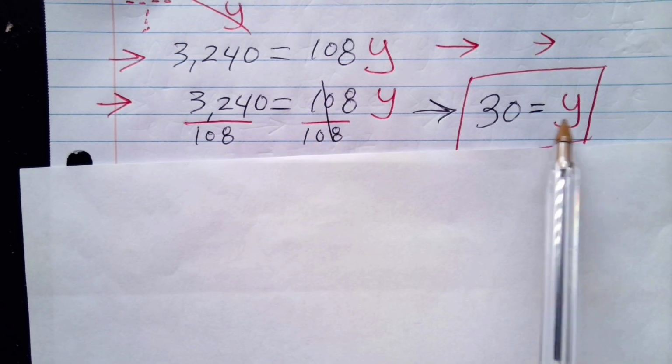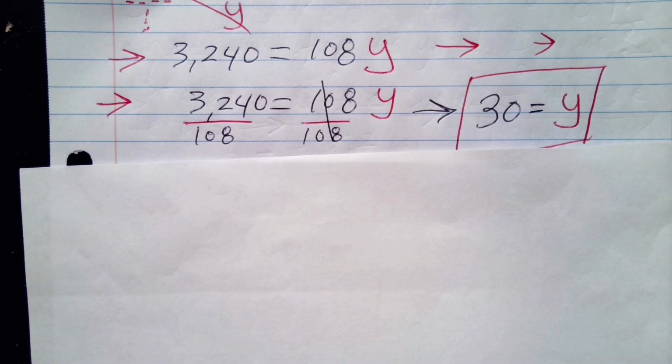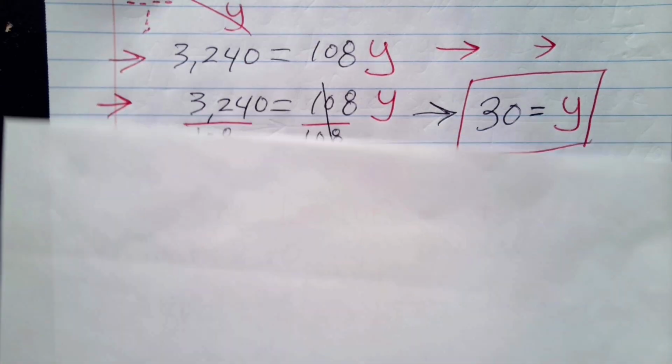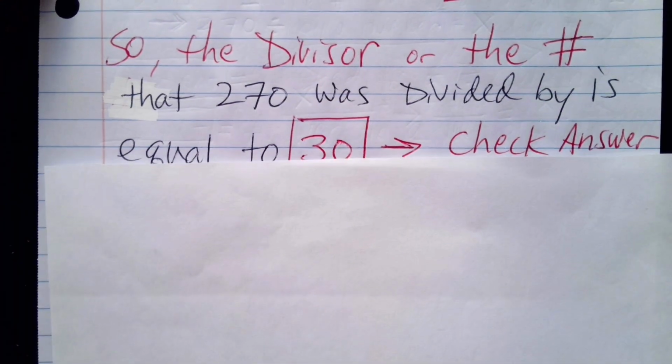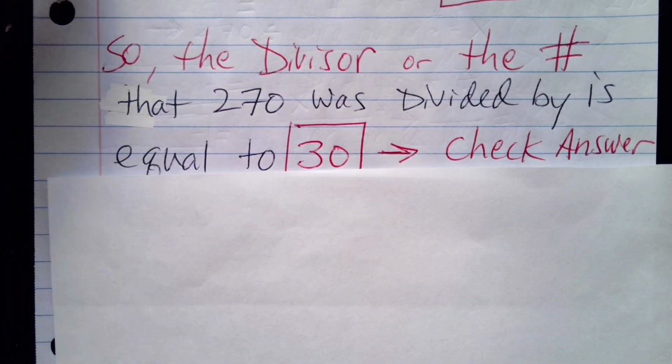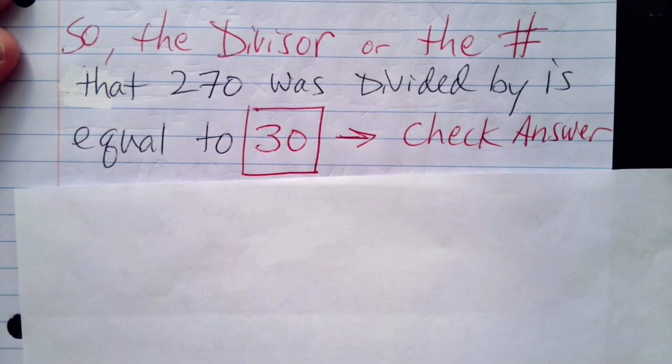Now y is all by itself. What's 3,240 divided by 108? It's 30. So going back to the original question, the divisor, the number that 270 was divided by, is equal to 30.